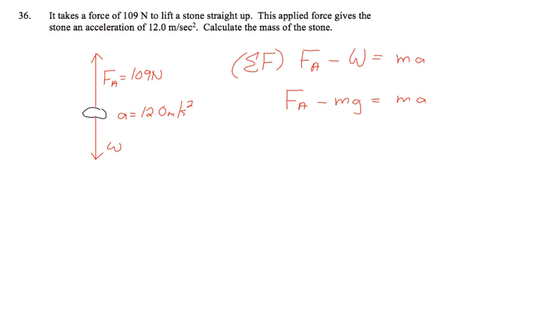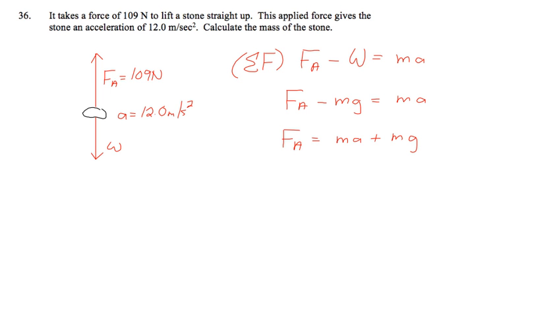So I'm just doing algebra now. In order to get the mass, first I need to get all terms containing the unknown on one side. And the unknown is in the second term and the third term. So I need to move this to the other side. So I'm going to get Fa equals ma plus mg.